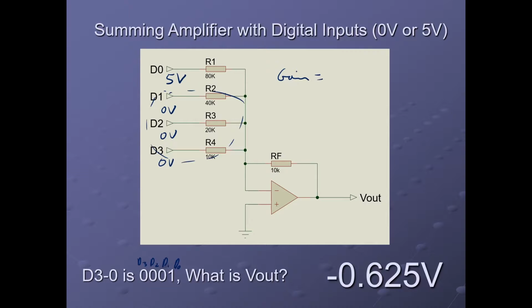So I've got a gain of -10 over 80, so a gain of an eighth, minus 0.125. And if that's 5 volts, then 5 multiplied by -0.125 is my -0.625 there.